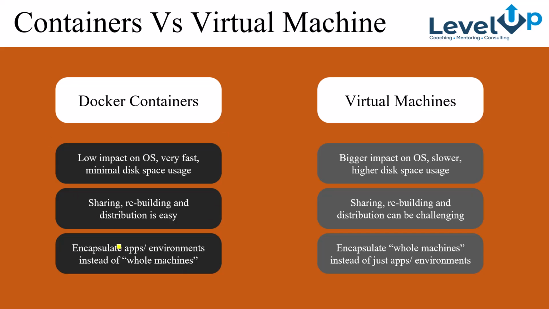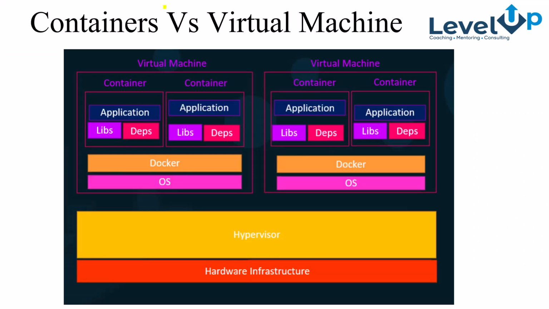Now, Docker encapsulates app environments instead of the whole machines. So what does that mean? It only encapsulates, or it will only create a bunch of files. Now, a virtual machine encapsulates whole machines instead of just apps. So that is a huge amount of load if you want to port the virtual machines from one host machine to another host machine. Those are some of the differences between containers and virtual machines.